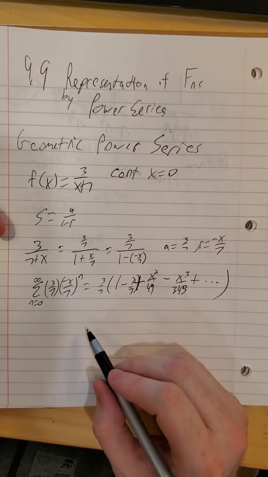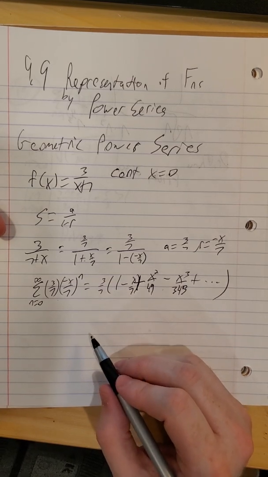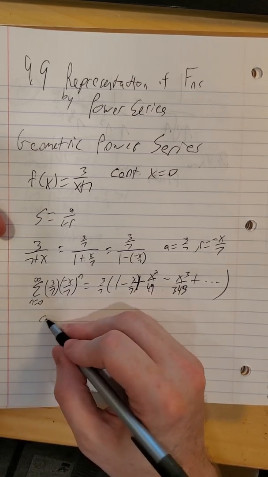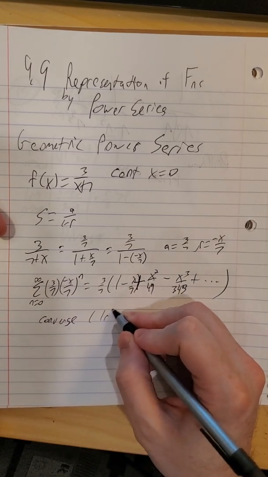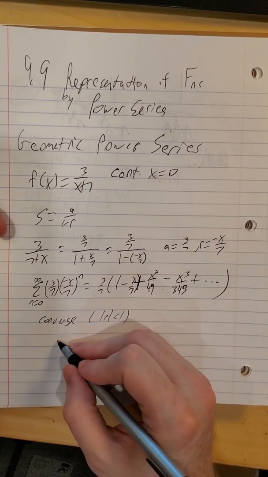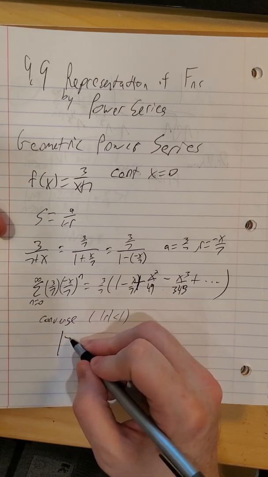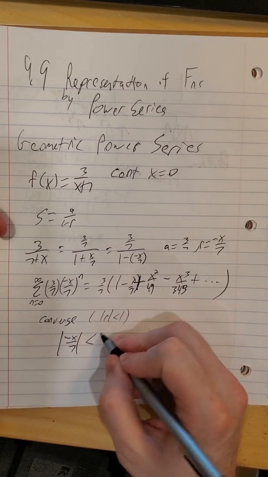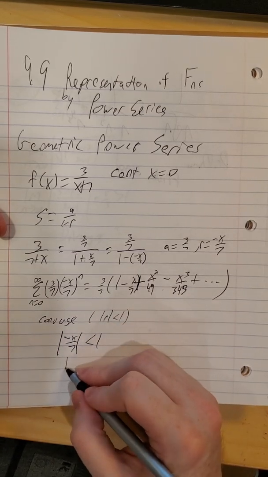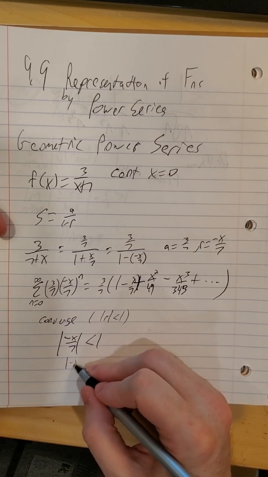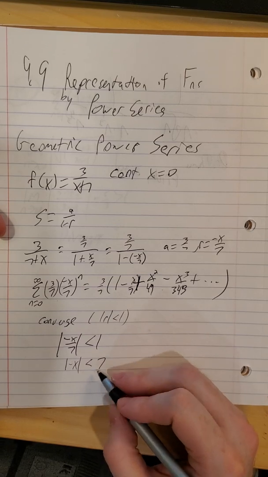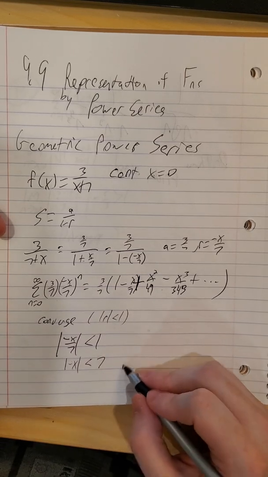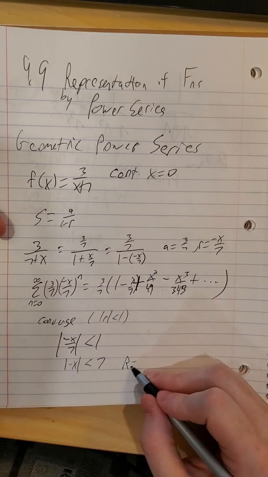Remember, geometric series converge if absolute value of r is less than 1, so this thing will converge for absolute value of the opposite of x over 7 less than 1. So absolute value of the opposite of x is less than 7. So here our radius of convergence is 7.